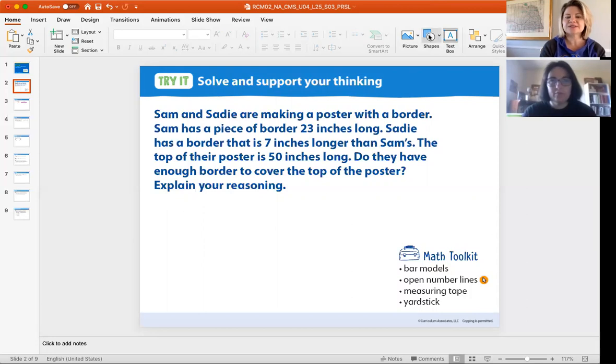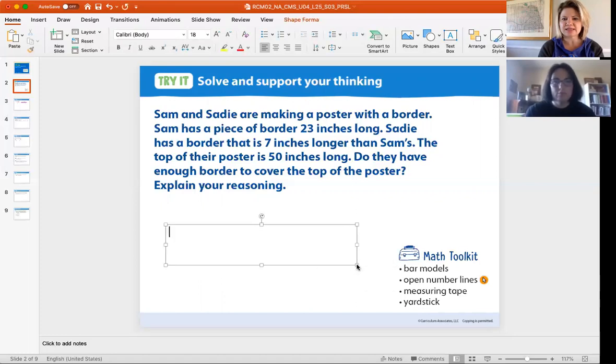Let's first think about how big Sadie's piece of border is, okay? We know that Sam and Sadie each have pieces, right?